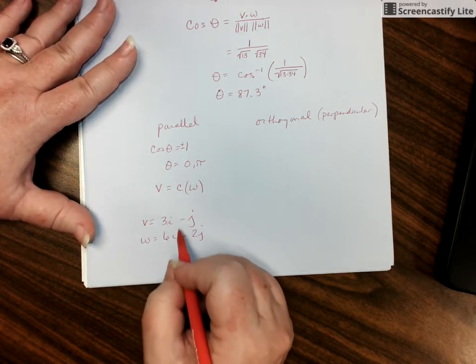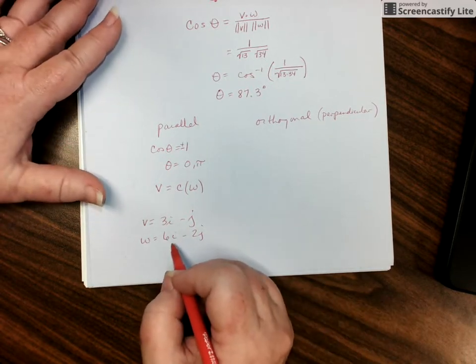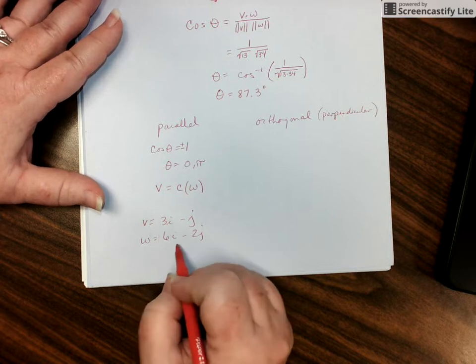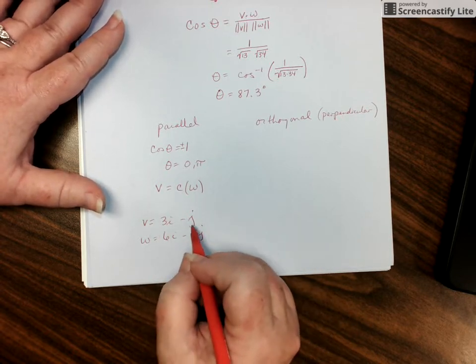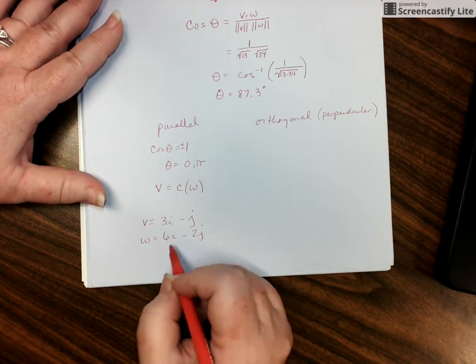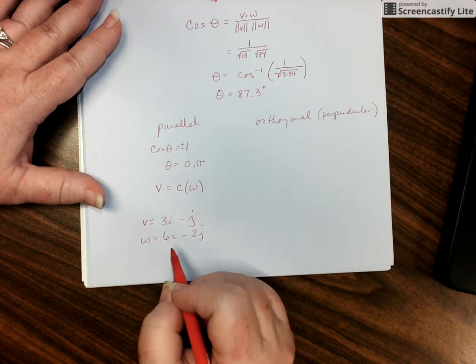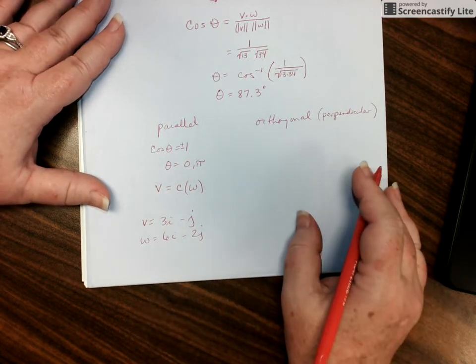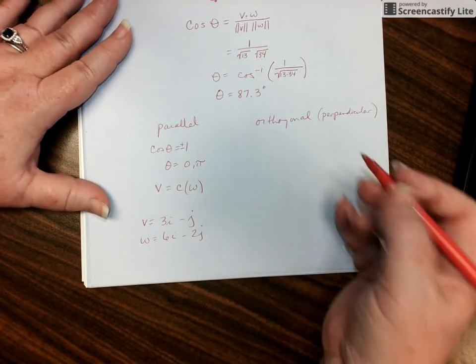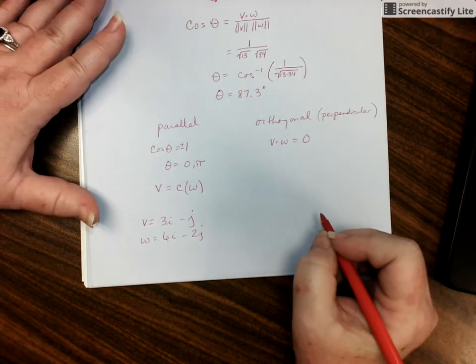Other than that, they're the same vector with just double the magnitude. It's going to be parallel. Therefore, if I were to follow through the formula, I would determine that theta is 0 or pi, meaning that these are parallel. Now, vectors that are orthogonal will have a dot product of 0.